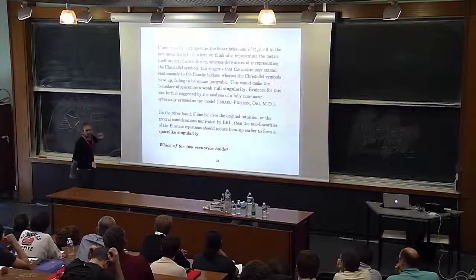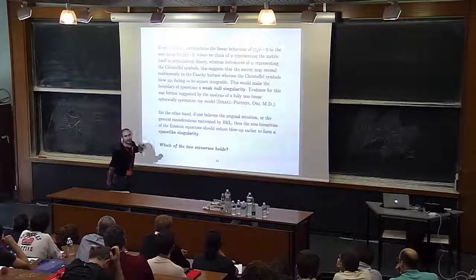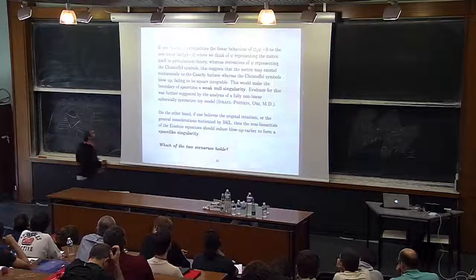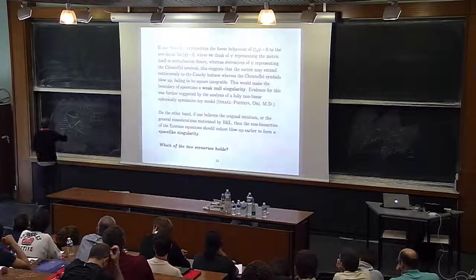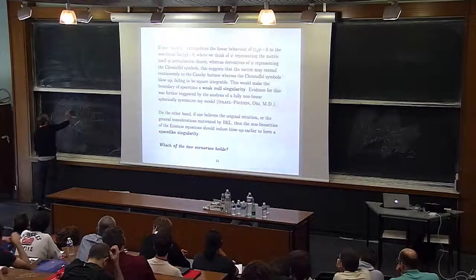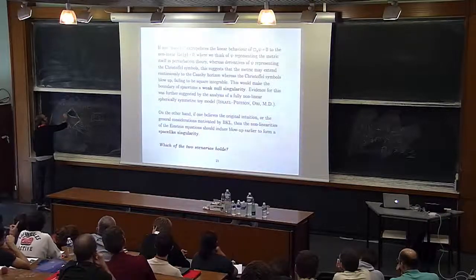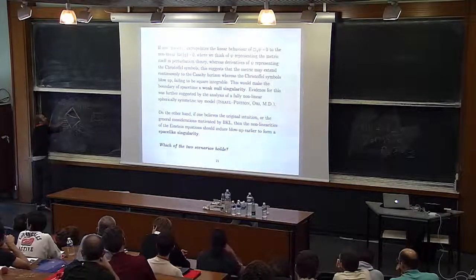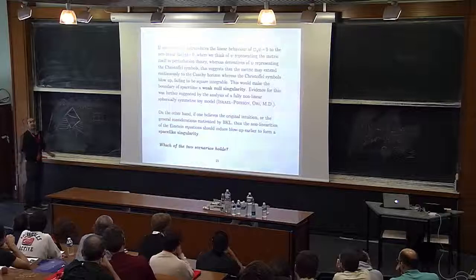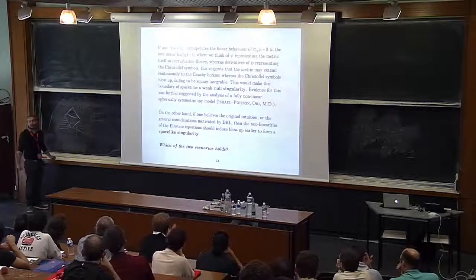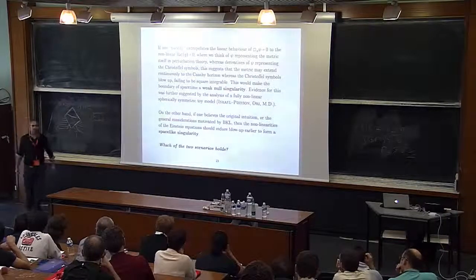So if you just naively extrapolate linear theory, this suggests that generically you have a boundary of spacetime, which is again exactly where it was in Kerr, in the sense of the conformal picture.